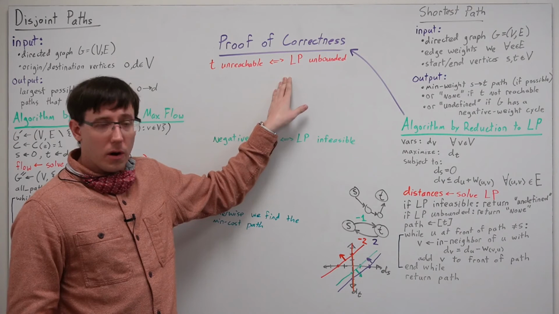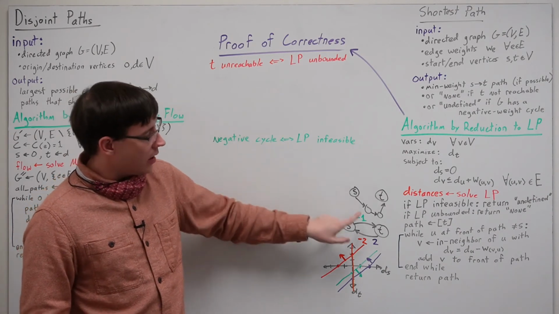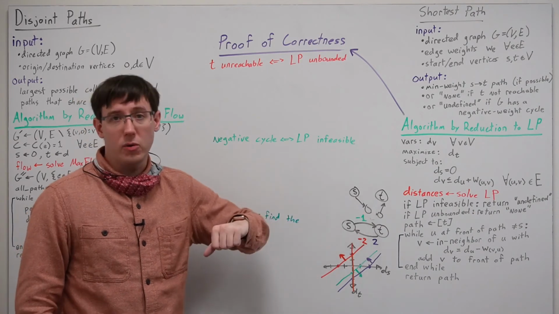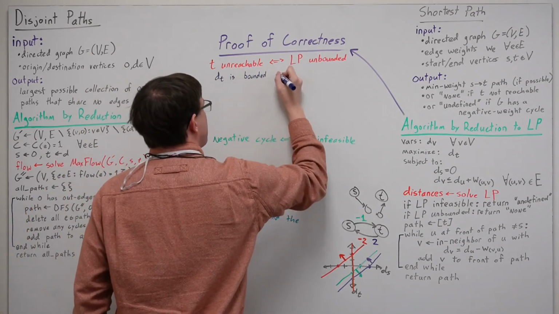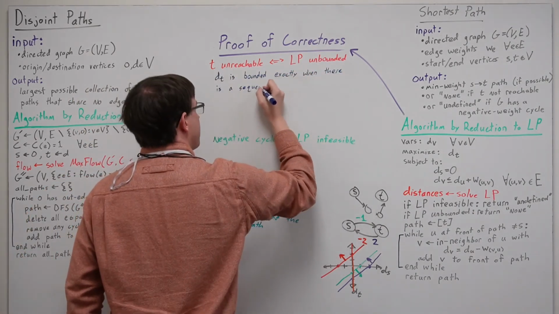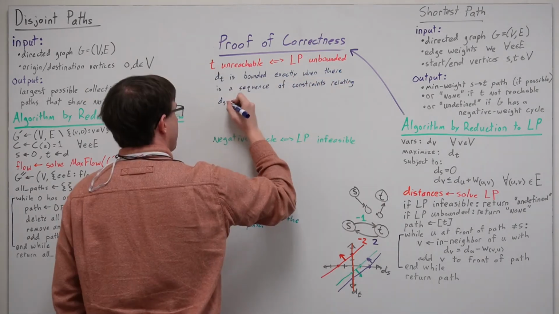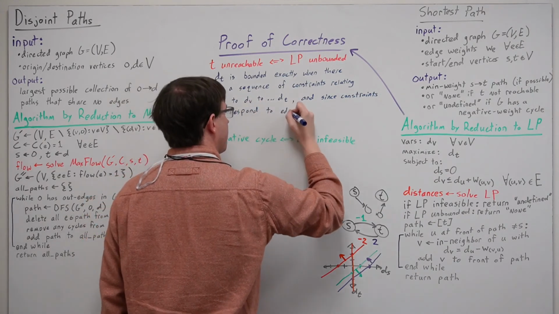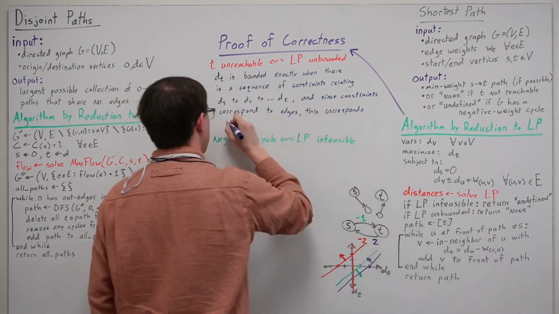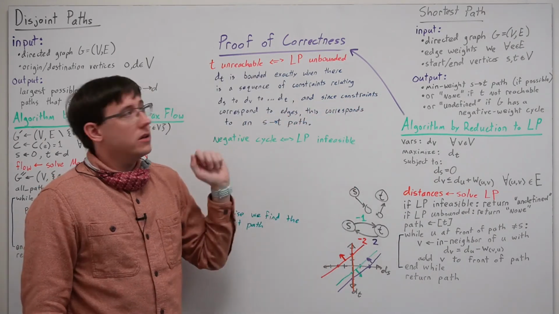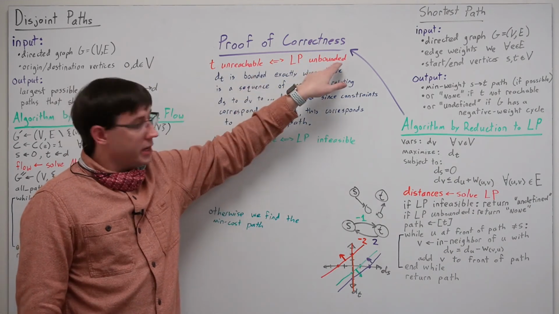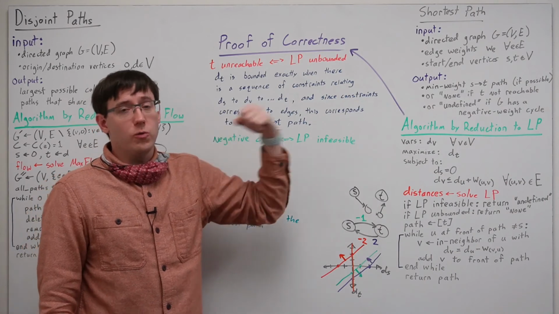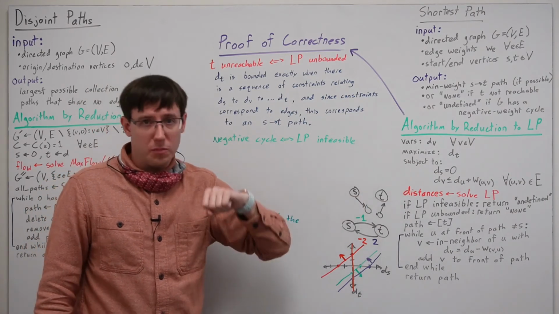First, we have our argument that t is unreachable if and only if the linear program is unbounded. So here, instead of showing unreachable if and only if unbounded, we are arguing the contrapositive, that t is reachable if and only if the objective is bounded.